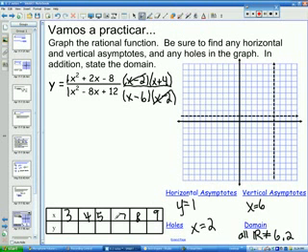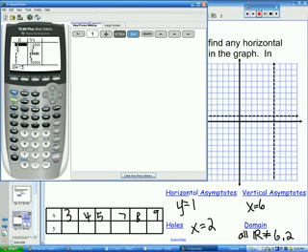And if you notice, I didn't choose 6 because 6 is going to be undefined. That's the vertical asymptote, and so we wouldn't do that because that's going to make the bottom 0. So if we put 3 into this big mess, you know what? Why don't we make our lives a little easier? Let's plug it into the calculator and let the calculator graph it for us.